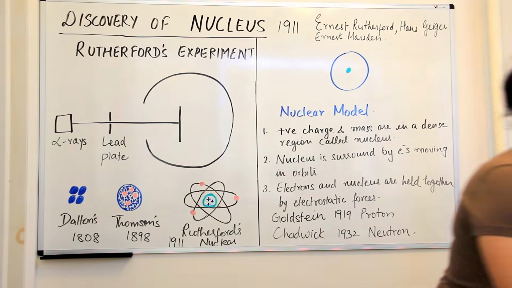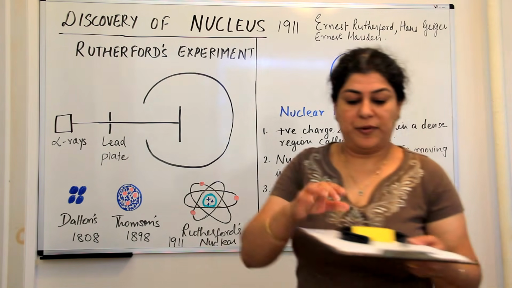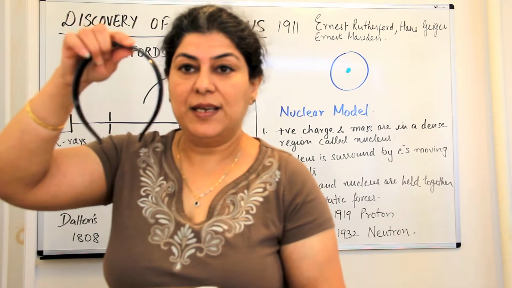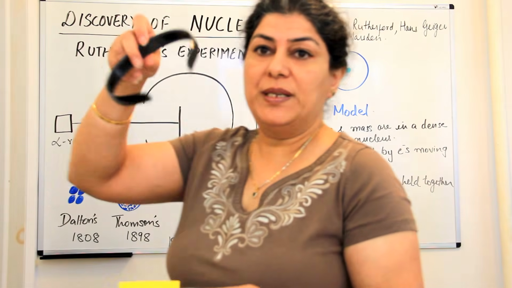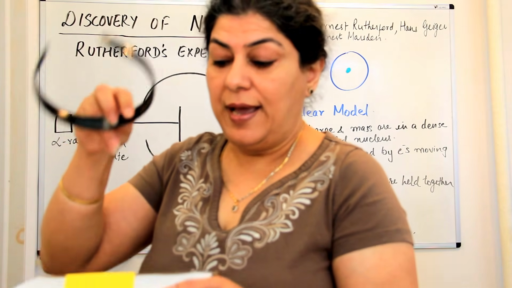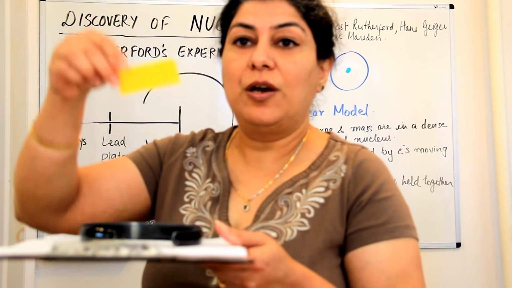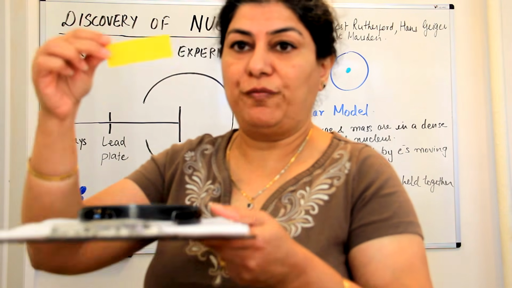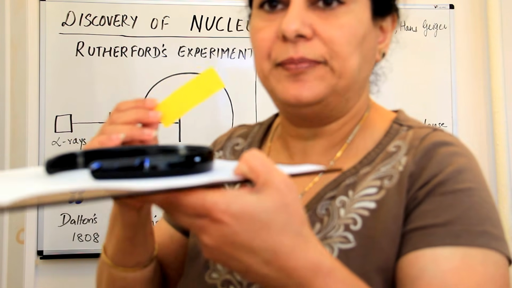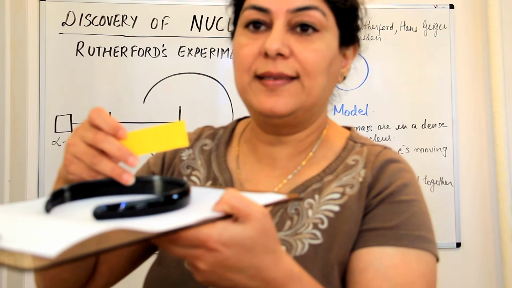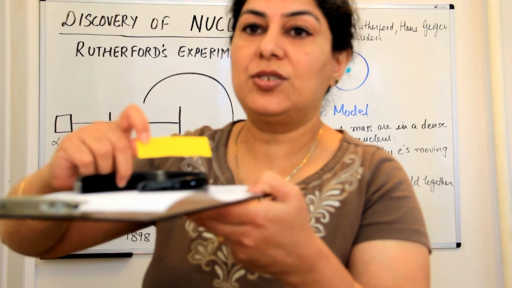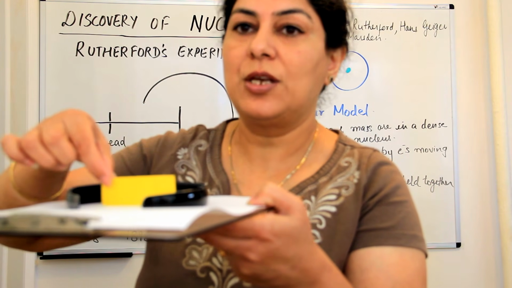So I just tried to replicate his apparatus with this hairband, that the circular screen would have been somewhat like the hairband, and the gold foil was like this thin sheet of paper. So he had the screen, and in the screen in the middle he had put this gold foil.